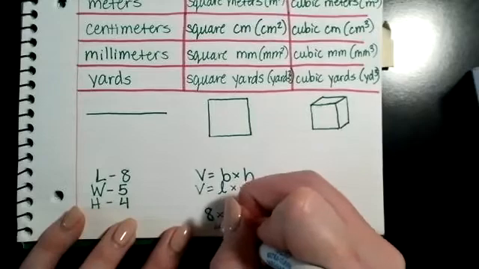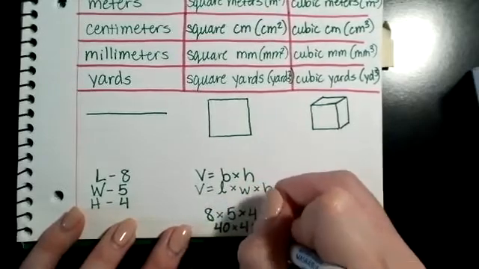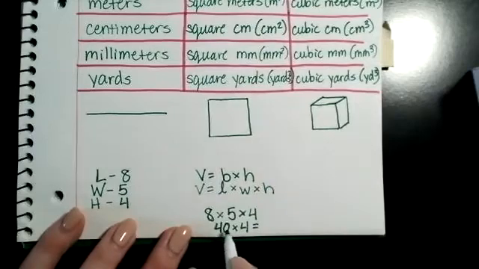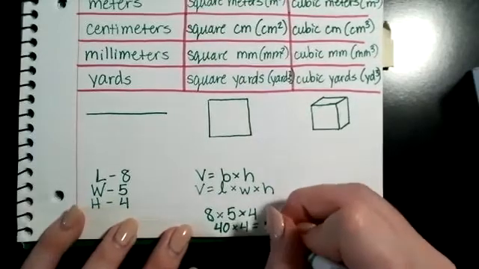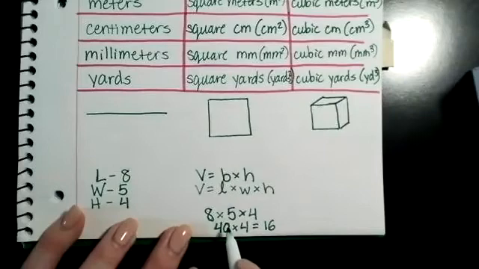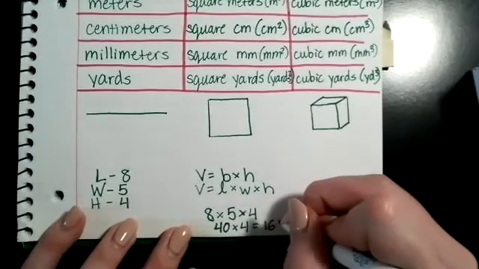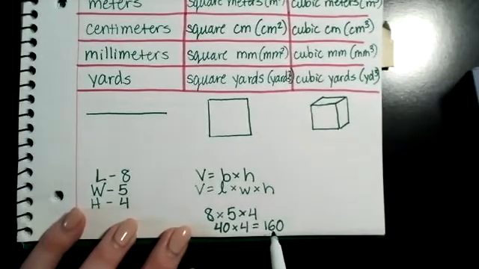So 40 times 4. Well, I know 4 times 4 is 16. And then all I need to do is add that 0 on there because this is a 40, not a 4. So it should be 160. There is my volume.